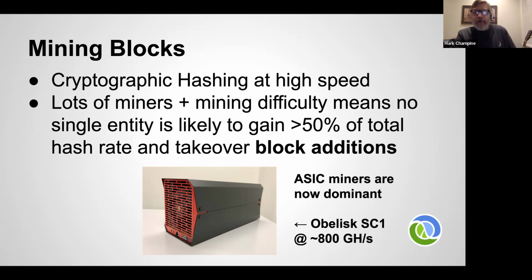It's very important to avoid that situation because that compromises the blockchain's integrity. It essentially fails at that point. But because there are thousands of miners, maybe tens of thousands of miners worldwide, the possibility of anybody getting more than half of all that processing power is very remote.